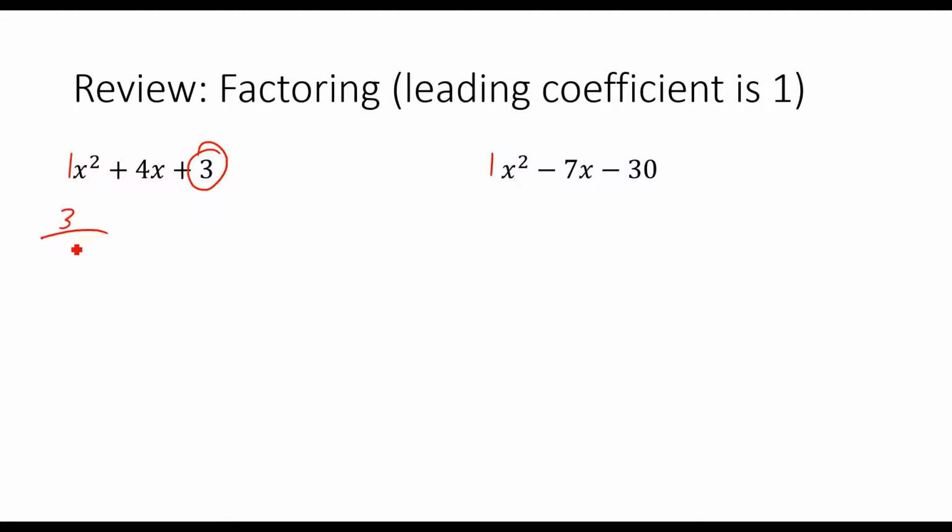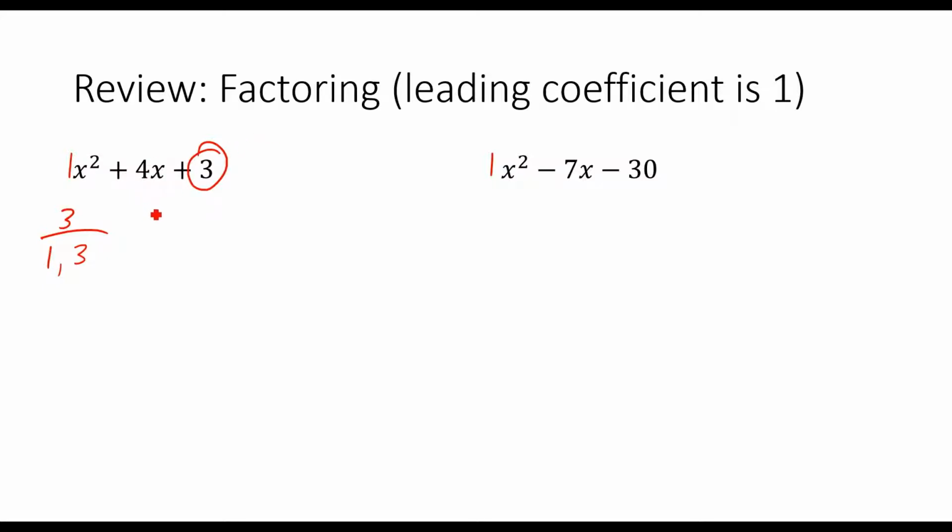Okay, what two numbers multiply together to give you 3? Well, 3 is a prime number, so really only 1 and 3. Okay. By the way, you want to keep them as integers, so whole numbers. Okay, so don't use 2 and 1.5. You want integer values. You want whole numbers.